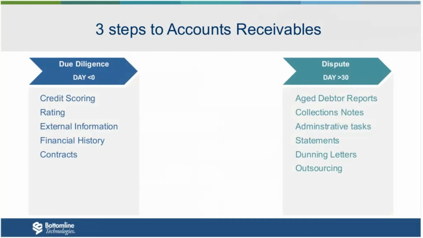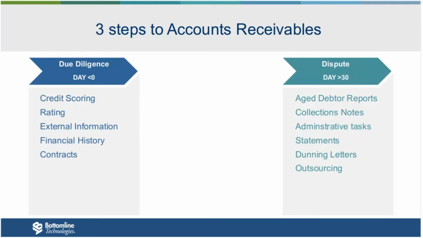Looking at cash collection and the different steps involved, we've grouped this into 3 areas. The first area is due diligence. Before you deal with a customer, you might be looking at Experian or CreditSafe or Dun & Bradstreet. What does the credit score of that customer look like, and how are they rated by the credit agencies?